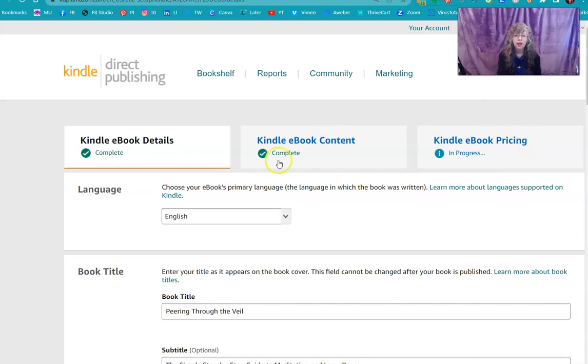The first thing that it asks you is what language is the book in? You just want to pick the language that you've written it in. In English, there are all kinds of choices, but with this one, I just picked regular English because that's what I wrote it in.